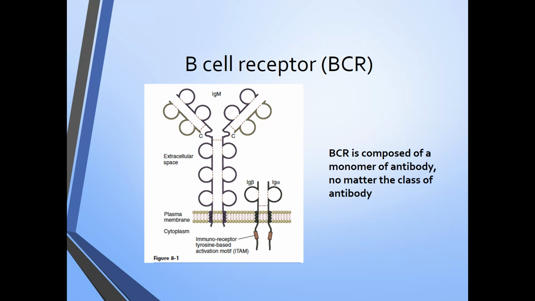However, there are 2 other proteins, the Ig beta and Ig alpha, that are also associated with the monomer, and this together is the B cell receptor. It has a longer tail that has an immunoreceptor tyrosine-based activation motif, or ITAM, and you can see that on the cartoon. And so that's actually what stimulates the signal to the cell.